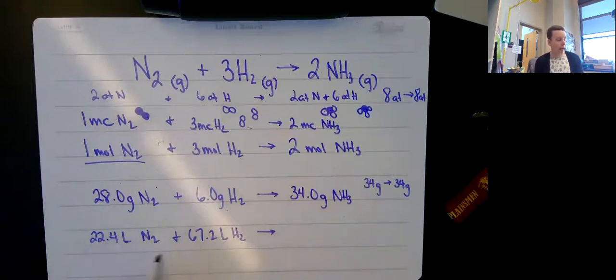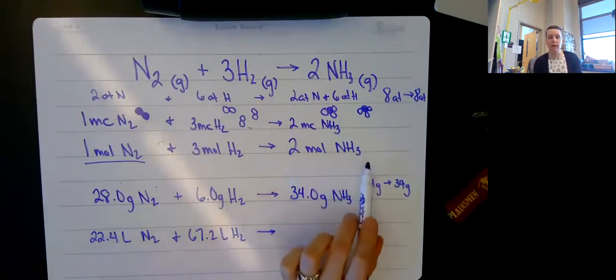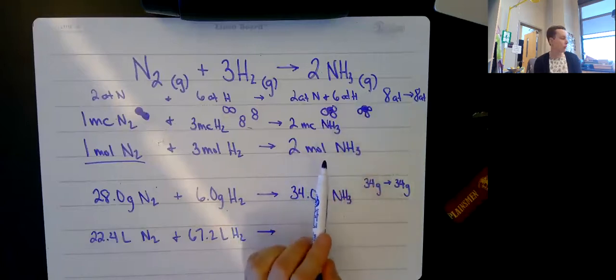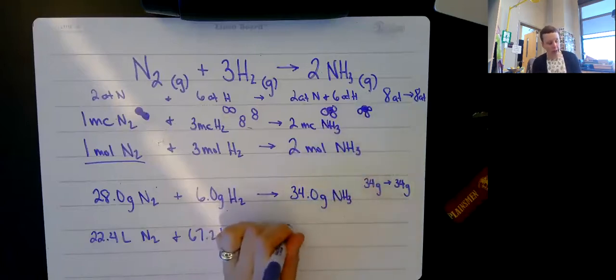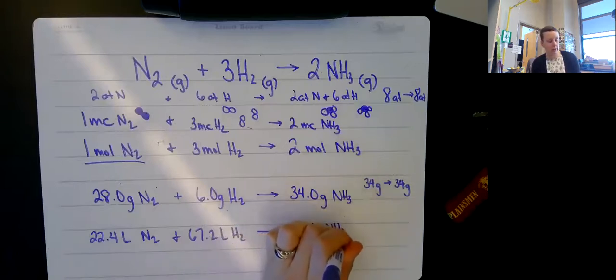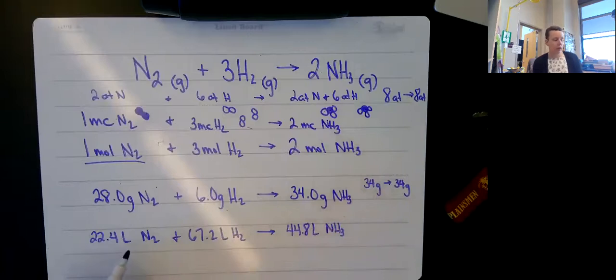And then those react to create 2 moles of NH3, and NH3 is also a gas. So 2 times 22.4, we get 44.8 liters of NH3. Okay. This is not conserved. Much more volume on this side of the reaction than on this side of the reaction, okay?